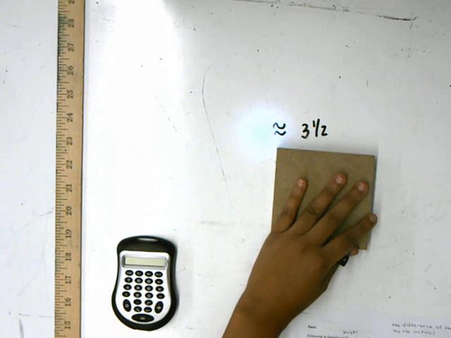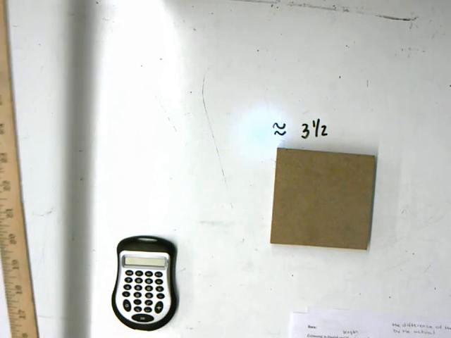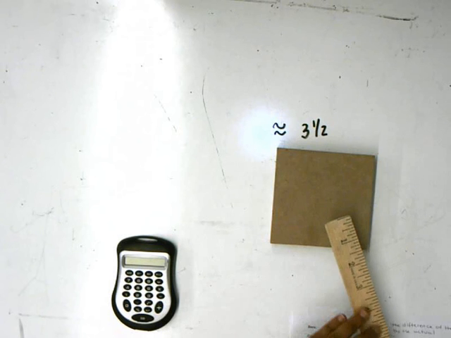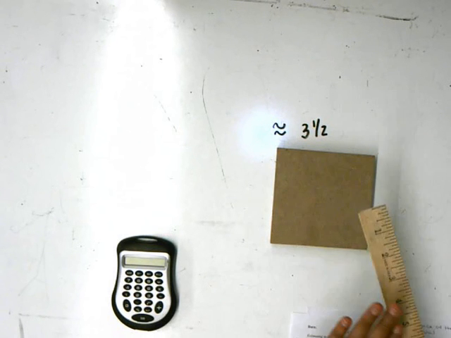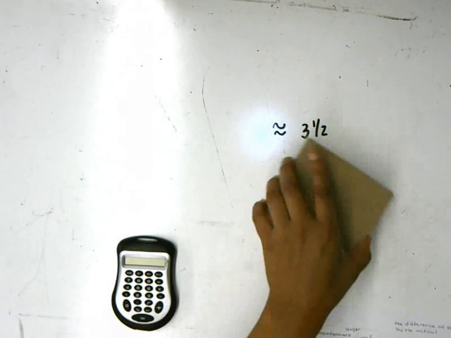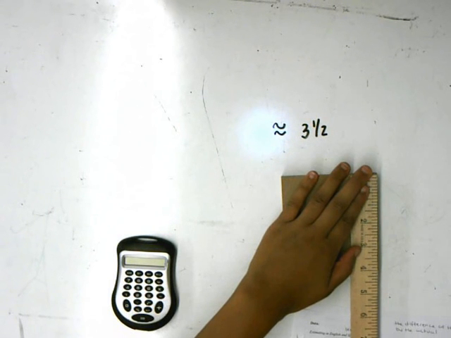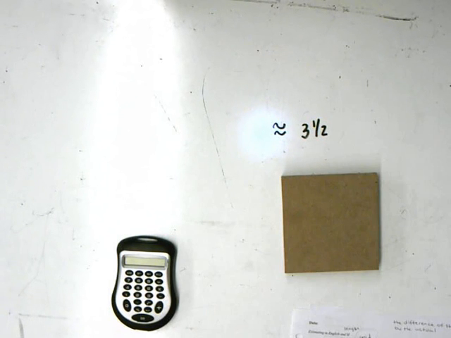Now I'm actually going to take my meter stick and use the measurements in inches because I'm doing English units first. And I'm going to measure this side of the square to see if I was correct. Unfortunately, I was off by half. The actual estimate is 4.